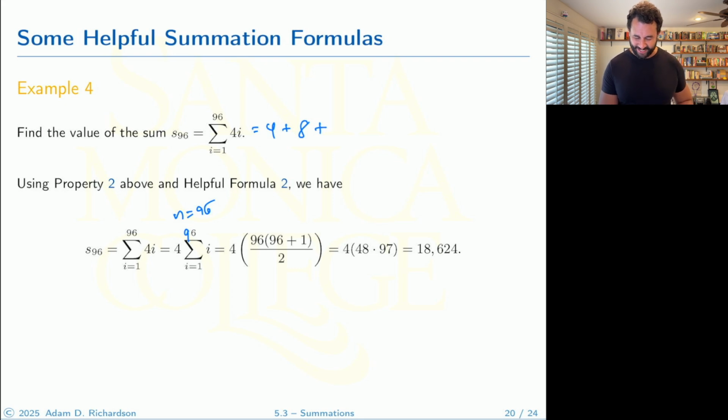What is it? 12, plus 16, plus 20, plus dot, dot, dot, all the way up until you get plus 4 times 96. That's what we just computed, and that sum is equal to 18,624. Pretty cool.